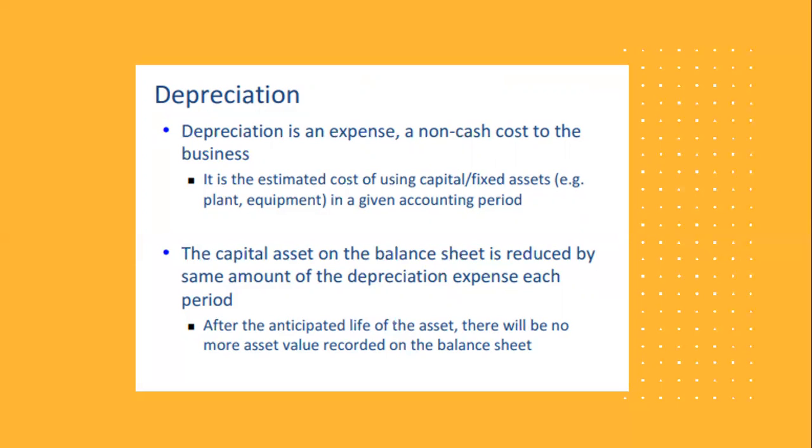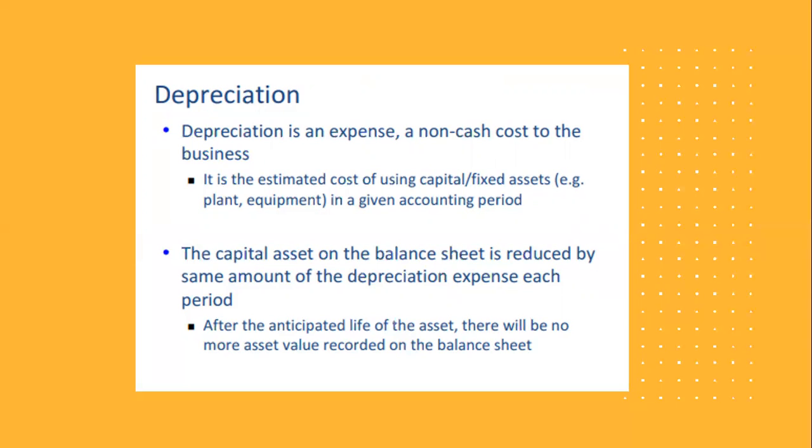So if a plant or equipment has been used for 1 year, its value will be lower than a brand new plant or equipment of the same specifications. The capital asset on the balance sheet is reduced by the same amount as the depreciation expense in each period.